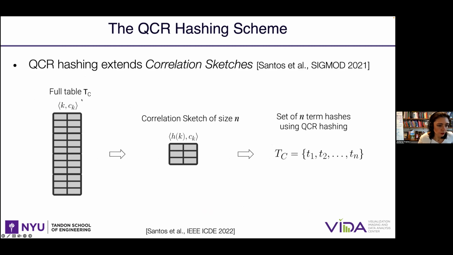So the hashing scheme works as illustrated here. You start with your full table. You first do the same correlation sketch as I described before. And then we apply the QCR hashing to generate these terms, one term per entry in the correlation sketch.